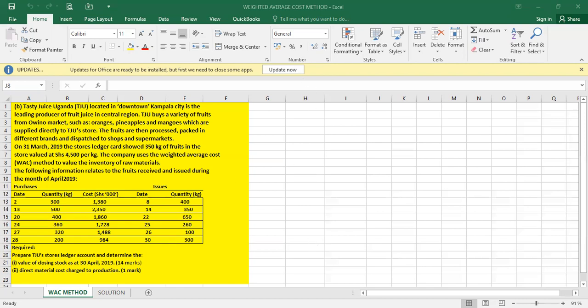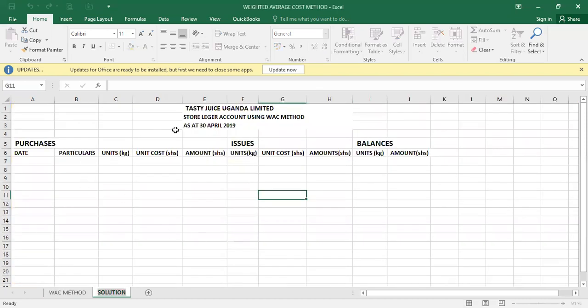So we go to our solution. We start with the name of the company, that is Tassejuice Uganda Limited. What we are preparing is the store ledger card or the store ledger account using the weighted average cost method as at 31st April 2019.